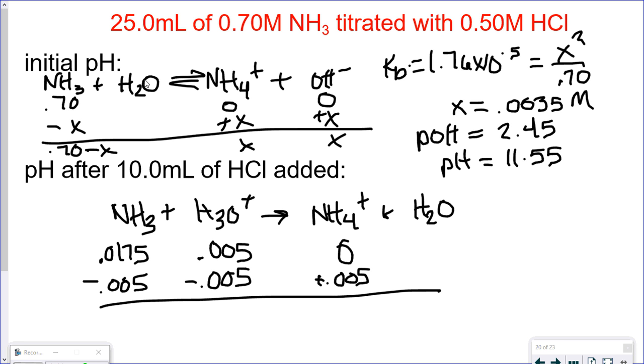Leaving us with 0.0125 moles of ammonia and 0.005 moles of ammonium. Once you have your base and the conjugate acid, you can plug into our Henderson-Hasselbalch equation.